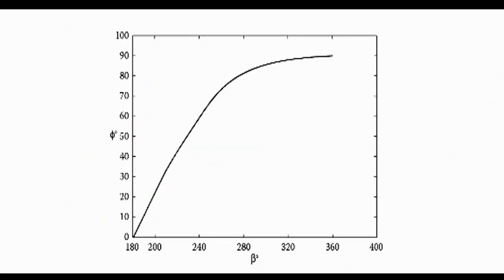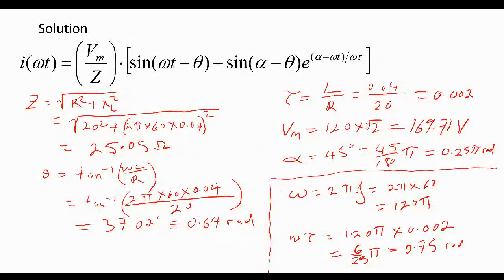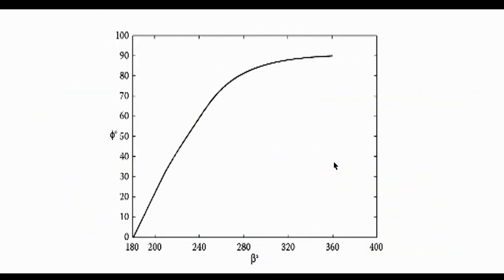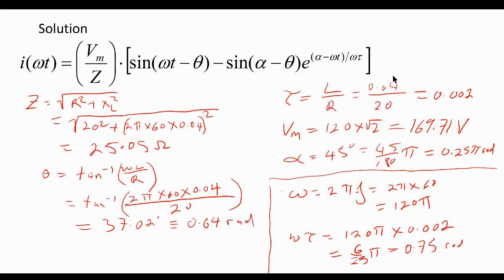You have forgotten that already? When you have 45 degrees as alpha, what is your extinction angle? There's a graph, you can work that out. Right, so it is 0.25 times pi.